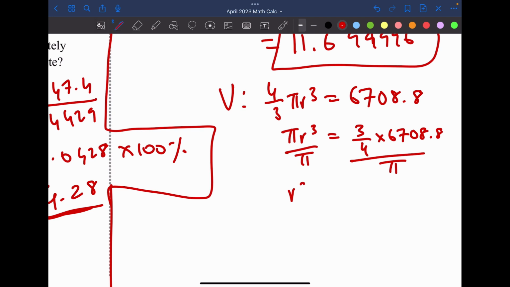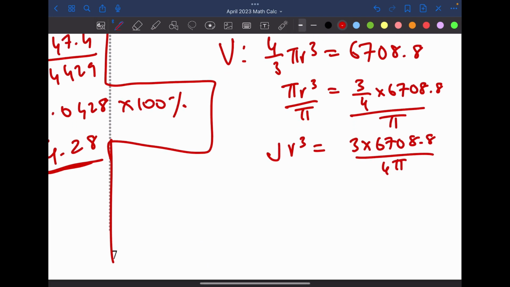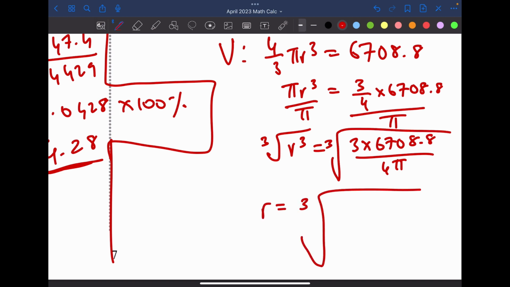You would end up with r cubed is equal to 3 times 6,708.8 over 4 pi. And then the final step, take the cube root of both sides. You'd end up with r is equal to the cube root of 3 times 6,708.8 over 4 pi.